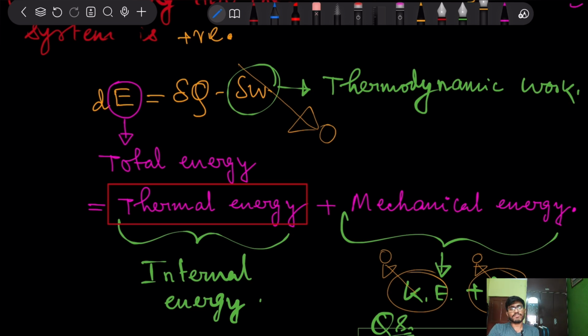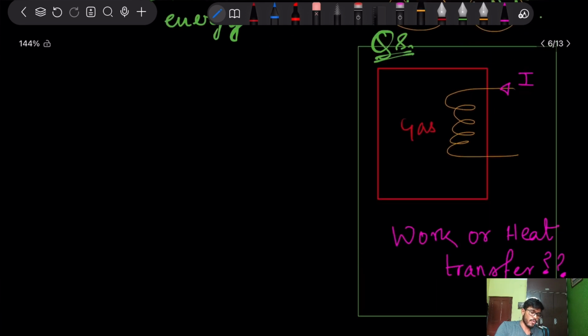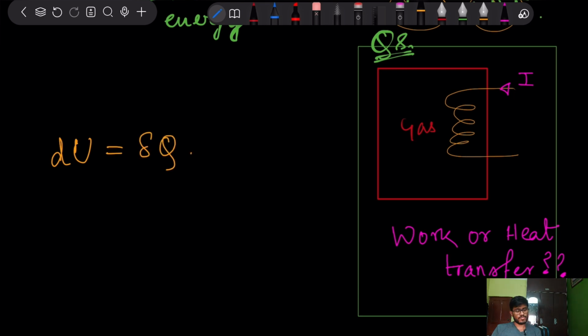If the wire is wound around this solid, then the effect of that heat generation we will take care of inside the del q term, that is the heat transfer term. So our first law boils down to du is equal to del q.